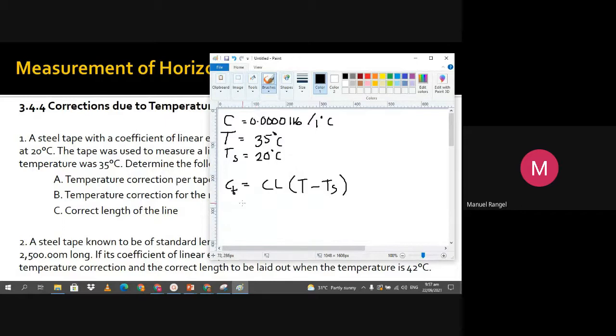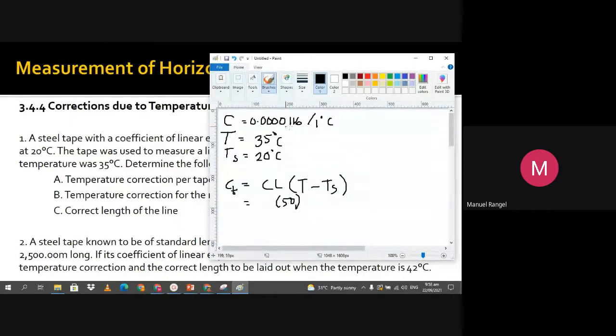Okay. So that is equal to C is 0.0000116. So per tape length, ang atong length per tape length is 50 meters. So times 50.